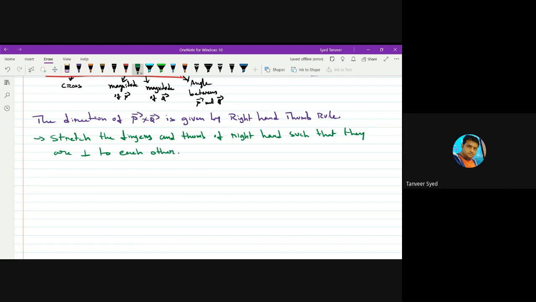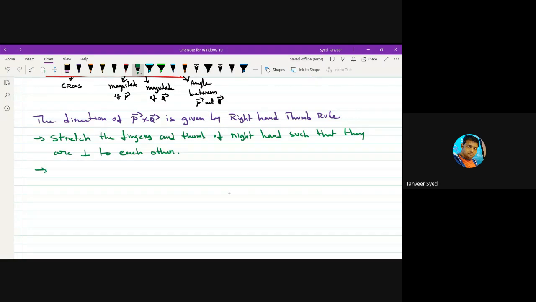This is the first step. Stretch fingers, you mean all the four fingers except the thumb. All your four fingers must be touching each other, and your thumb must be perpendicular to those four fingers. Right? This is the first step.